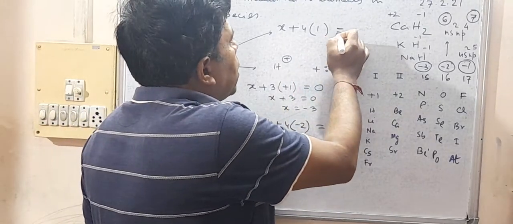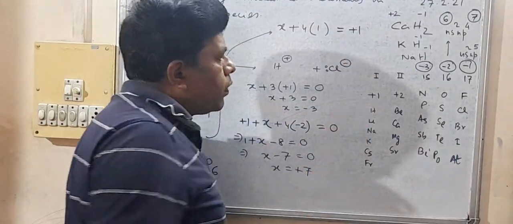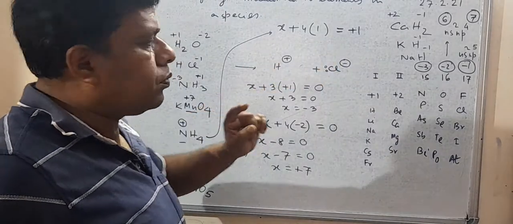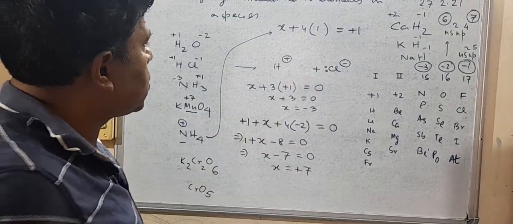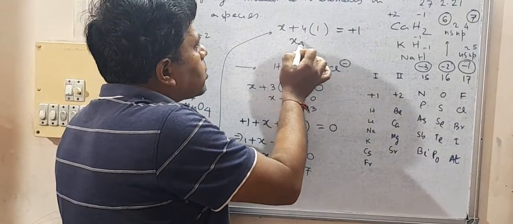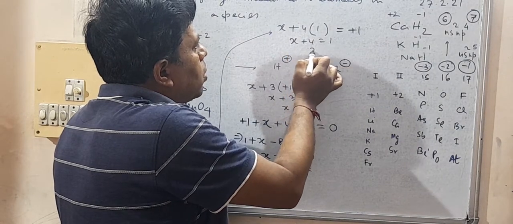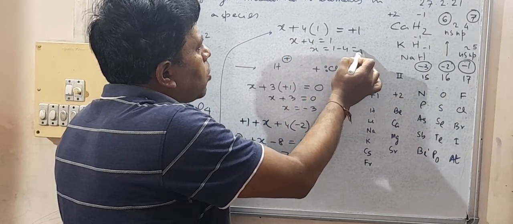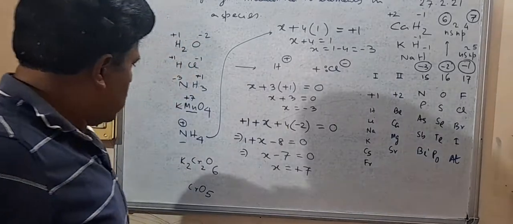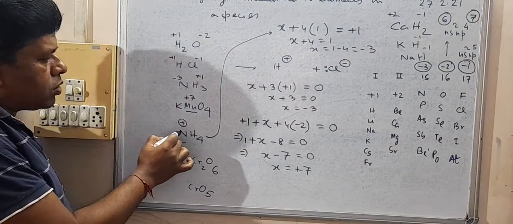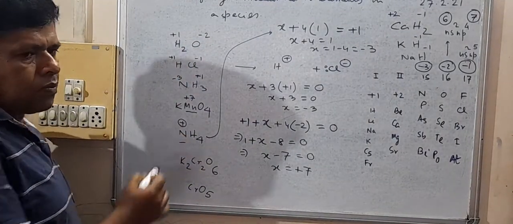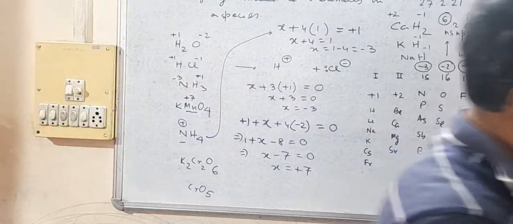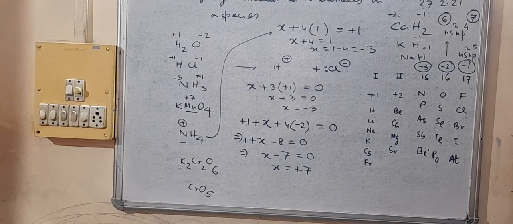So here we have to write equal to plus 1. Here we won't write 0 because it is a positive species. So x plus 4 equal to 1, x into 1 minus 4 equal to minus 3. So the oxidation number of nitrogen in NH4 plus is minus 3.